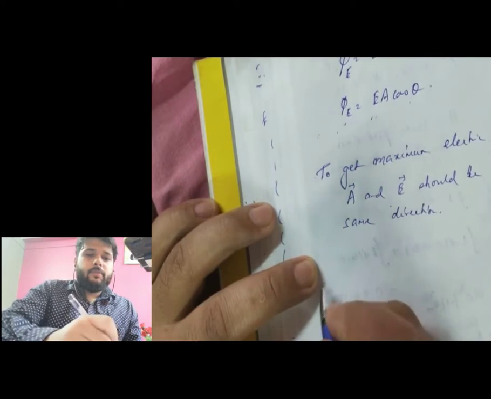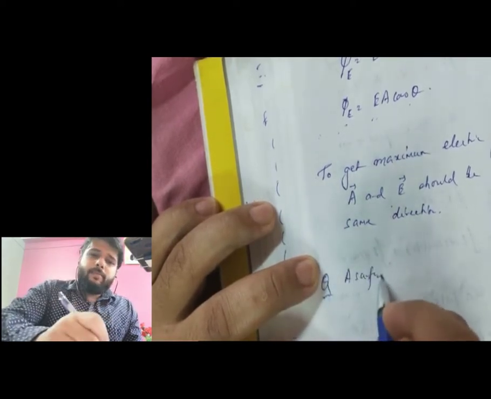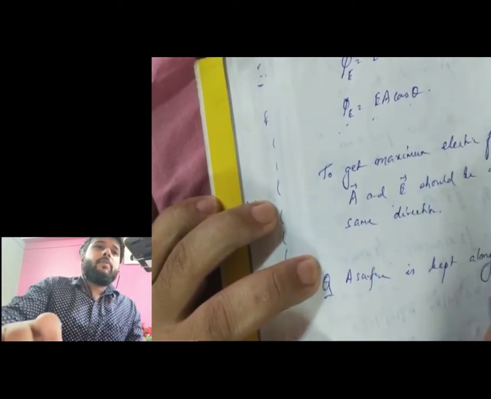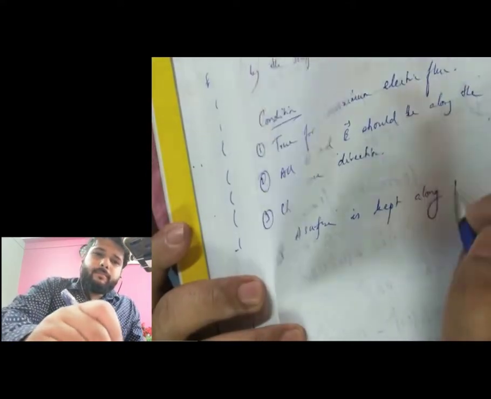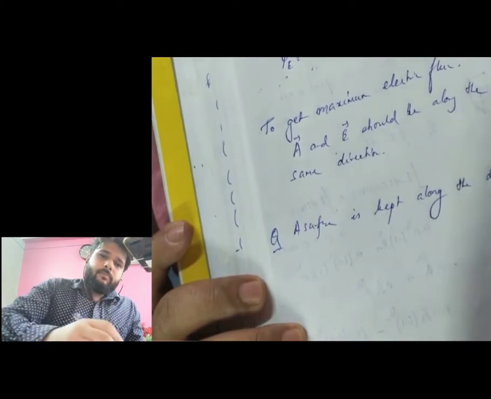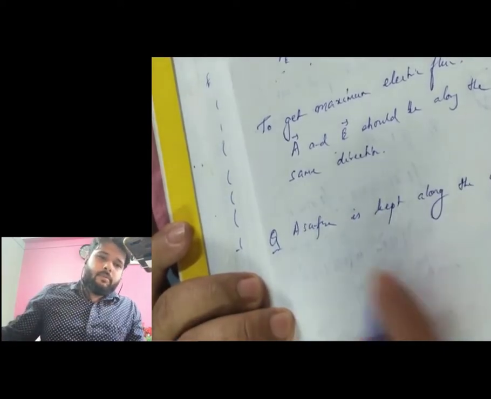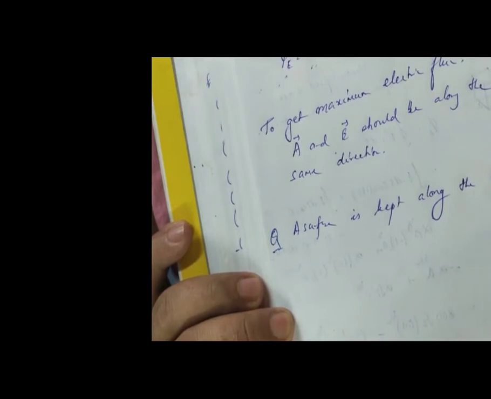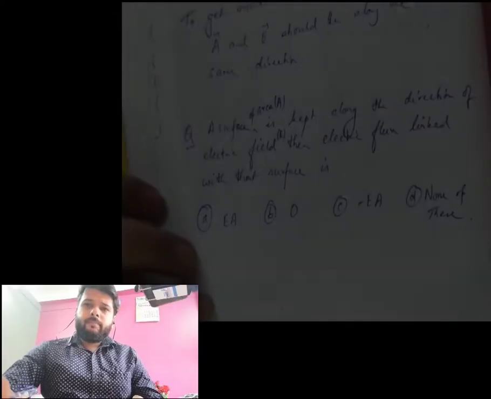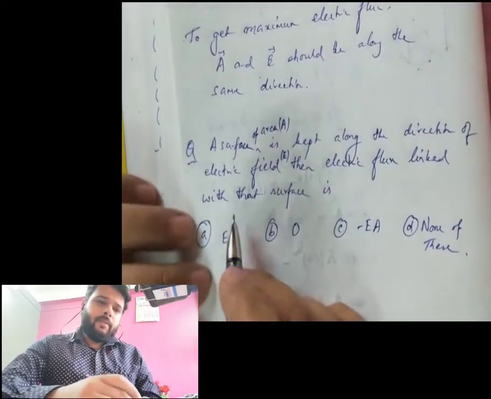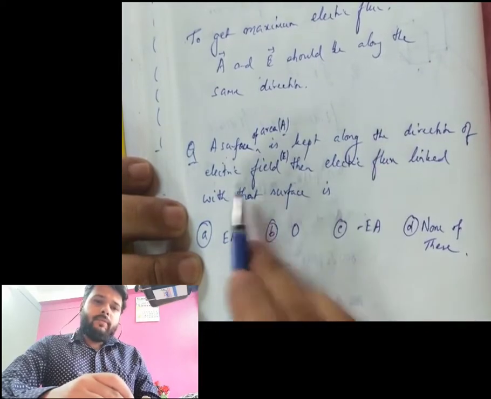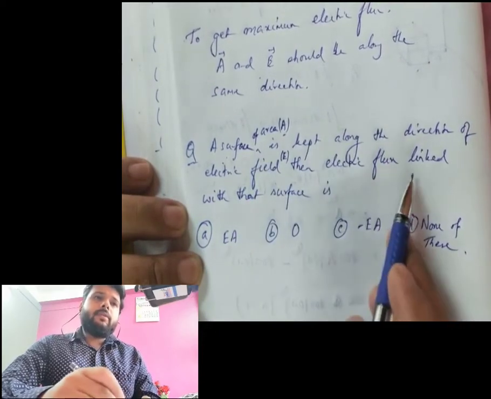Suppose I give you a question: a surface of area A is kept along the direction of the electric field, then the electric flux linked with that surface is what?